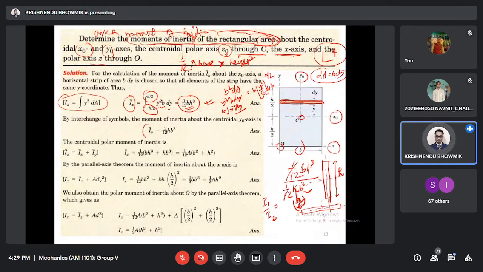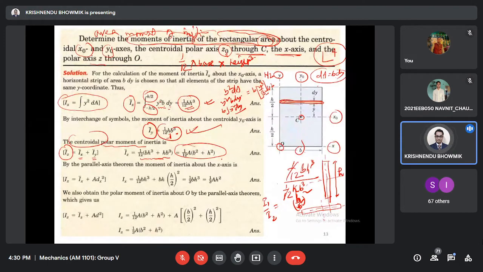For Iyy it is the same thing, 1 by 12, but here the base is h for this y axis, so 1 by 12 multiplied by h multiplied by b cube. You will get this value. Then, the polar moment of inertia with respect to the centroid, Iz bar equals Ixx plus Iyy. You put this value and you will get the final expression.